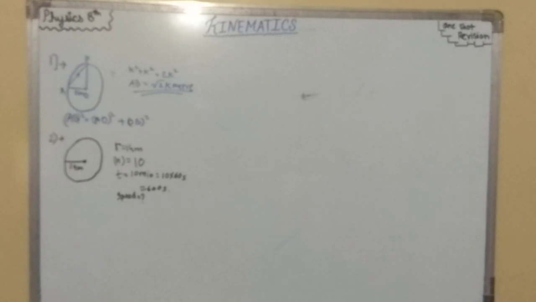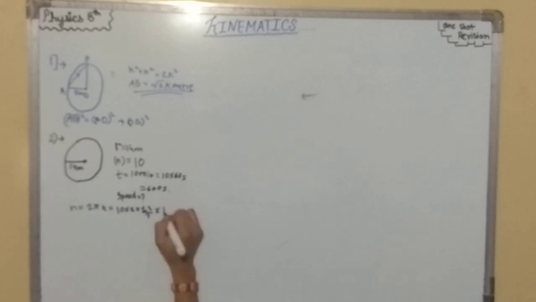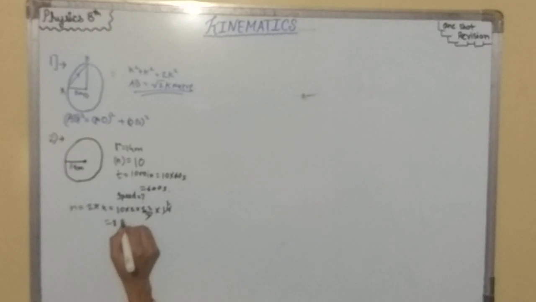Step 3, substitution of the terms. So distance covered by the athlete in circular path will be equal to n into 2 pi r, is equal to 10 into 2 into pi, that is 22 by 7 into r, that is 14. 7 1s 7, 7 2s 14. By simplifying this all, we will get 880 meter.